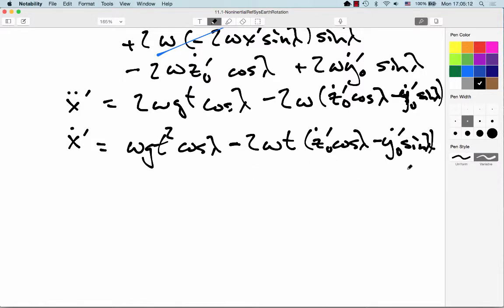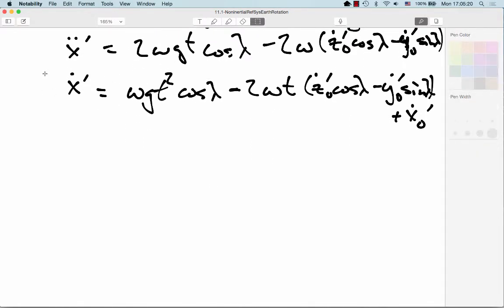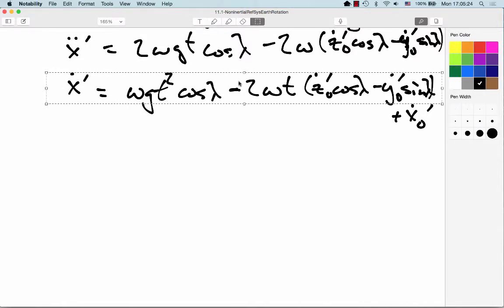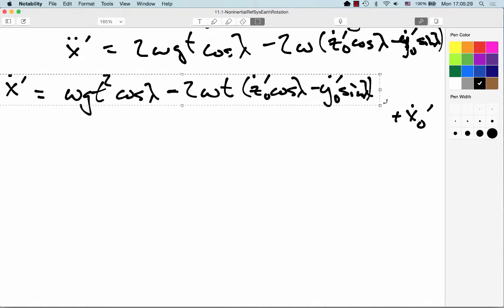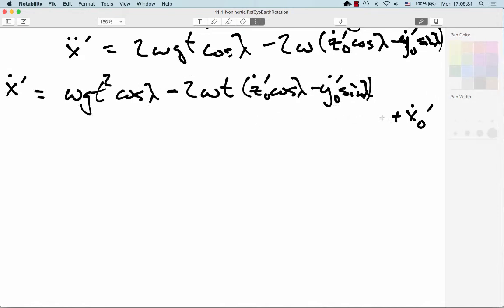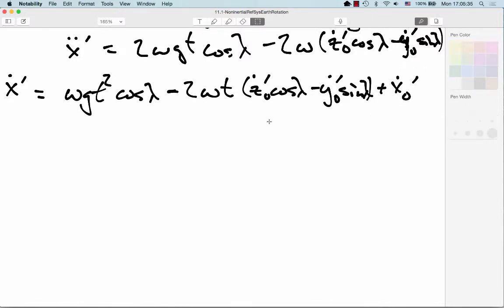Plus we have an integration constant, so we'll pick up a plus x naught dot prime like that. Oh, let's make that look a little better. There, much better.